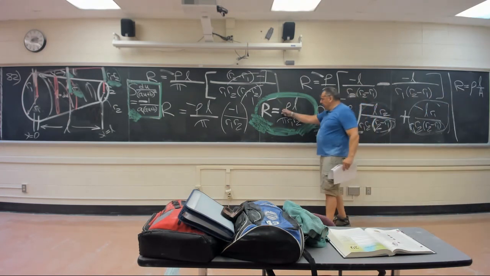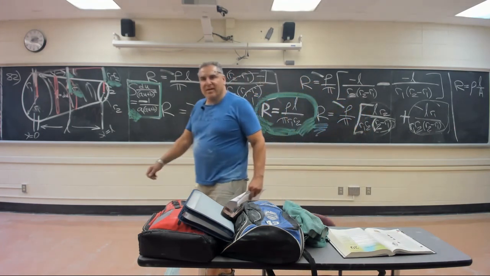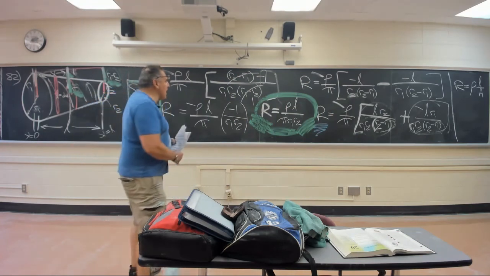Well, here's rho, here's L. That's the area of an ellipse.